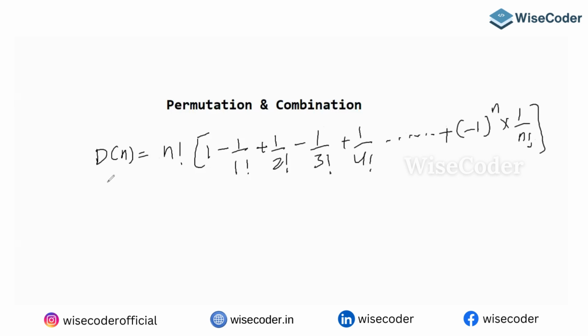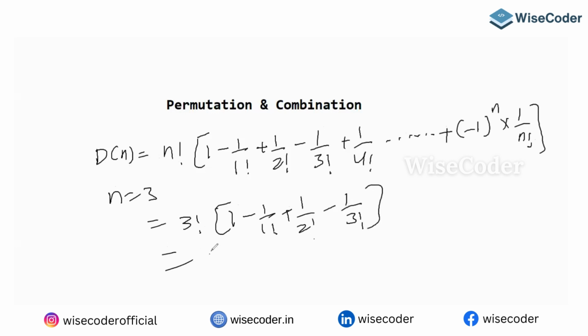Now let's say n is equal to 3. So what you're going to do: 3 factorial into (1 minus 1 by 1 factorial plus 1 by 2 factorial minus 1 by 3 factorial). So 3 factorial is 6. So 6 into (1 minus 1 plus 1 by 2 minus 1 by 6). This is going to be cancelled. So 6 is the LCM.